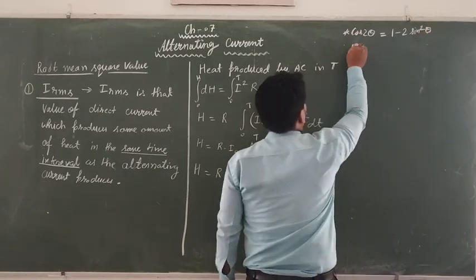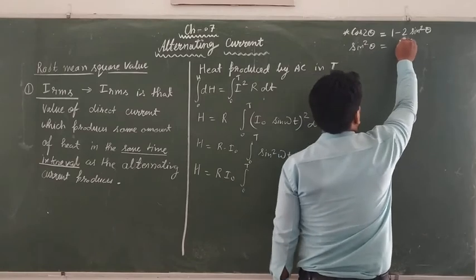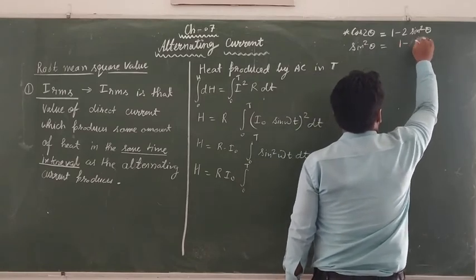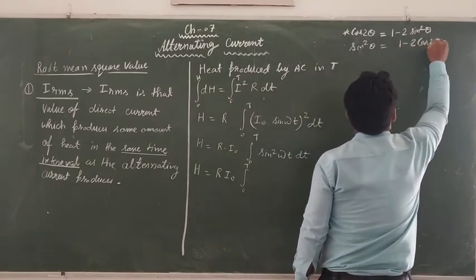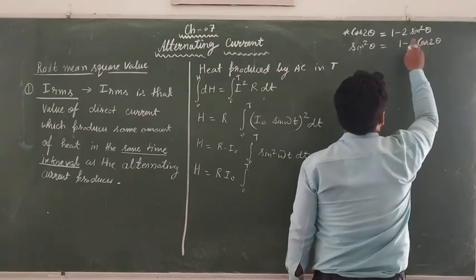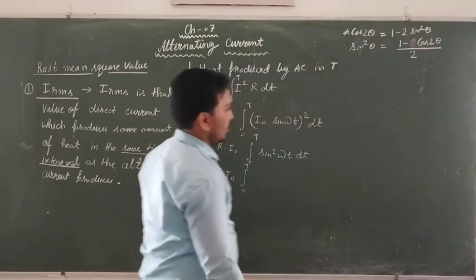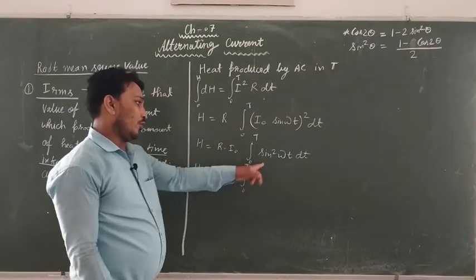From here, if we calculate the value of sin² θ, it is going to be (1 minus cos 2θ) upon 2. So I am going to put it over here.